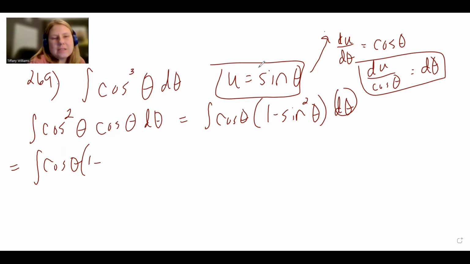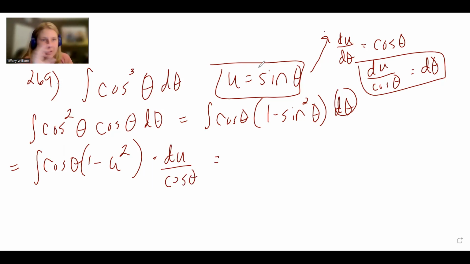Remember, sine is u, so I'm actually going to have u squared. And d theta I'm going to replace with du over cosine of theta. This is another reason why they chose u to be sine. When I took the derivative, I got that cosine theta. You see this cosine theta here and this cosine theta here? Those two things are going to cancel.